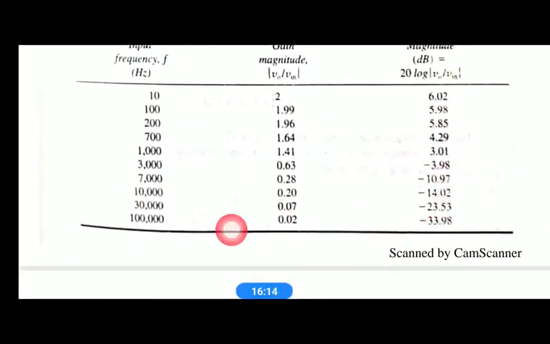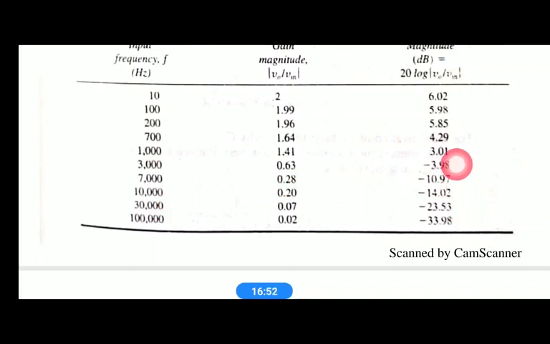In similar fashion, we take different values for f: 3000, 7000, 10,000, 30,000 and 100,000, and calculate the corresponding gain in dB. One more thing you can observe: when the frequency is increased from 3000 to 30,000, which is a 10 times increase, the gain decreases from minus 3.98 to minus 23.53.